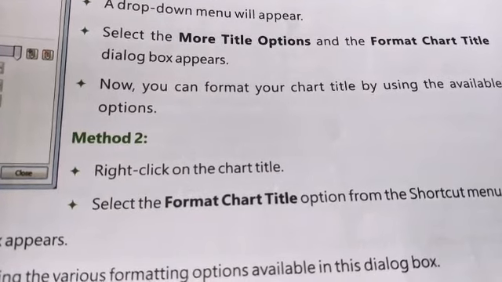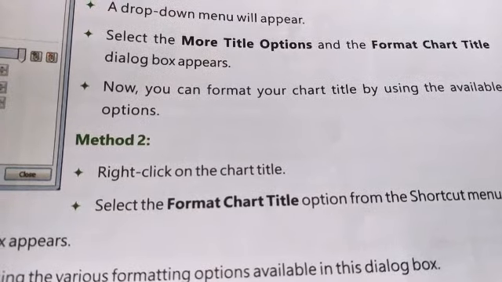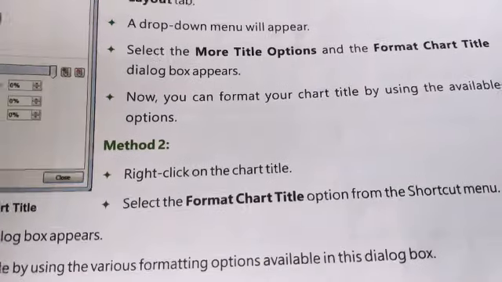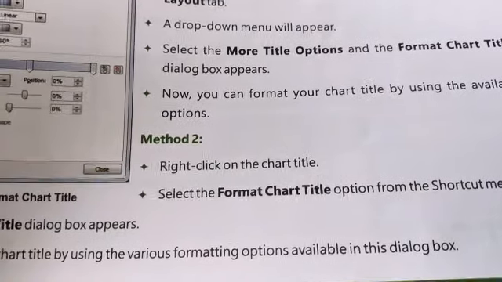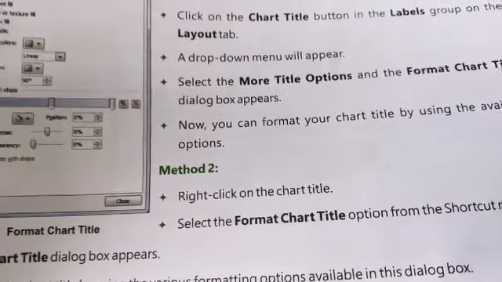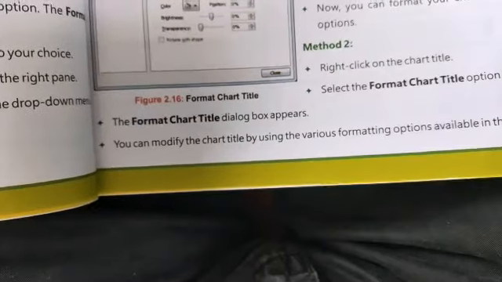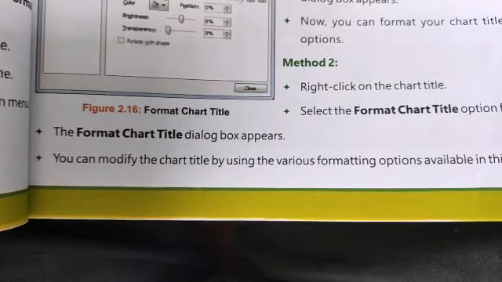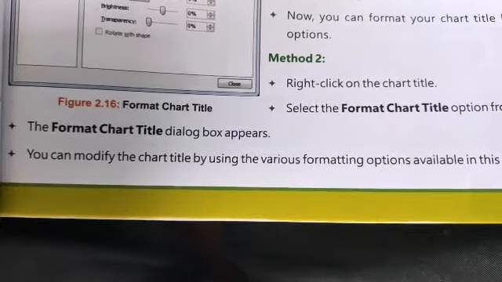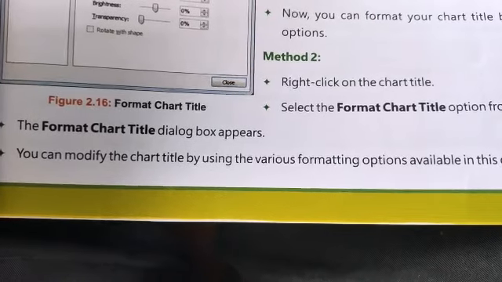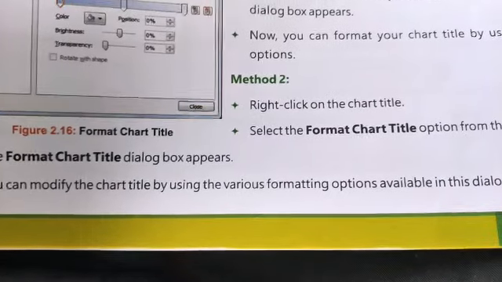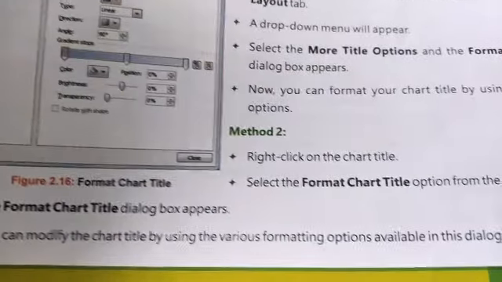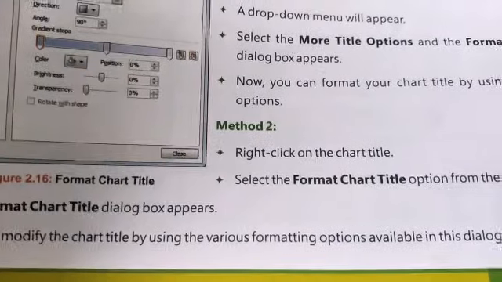The format chart title box will appear, and from that you have to select what type of changes you want to make in that title. So many different types of formatting options will appear there, and with the help of that you can change the title of your chart.